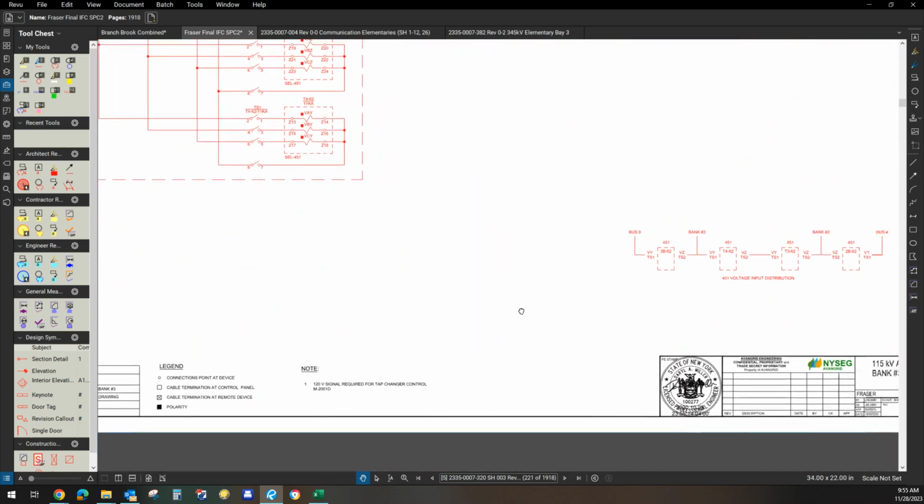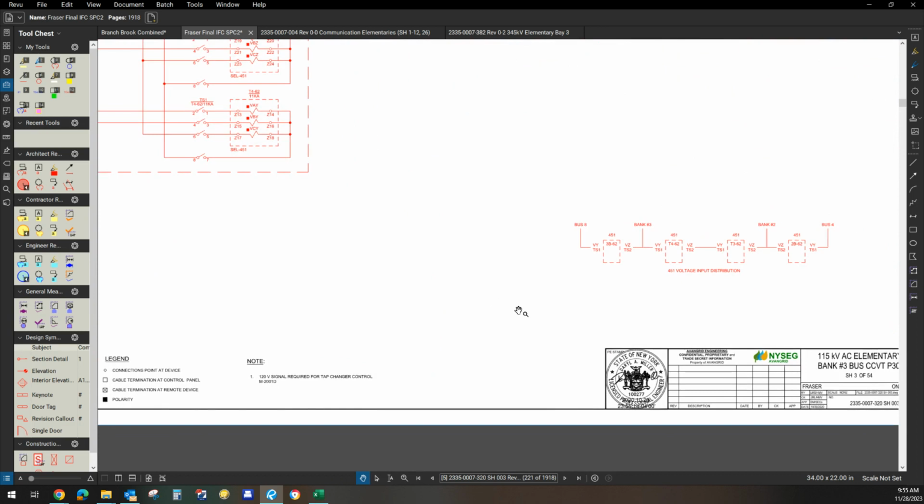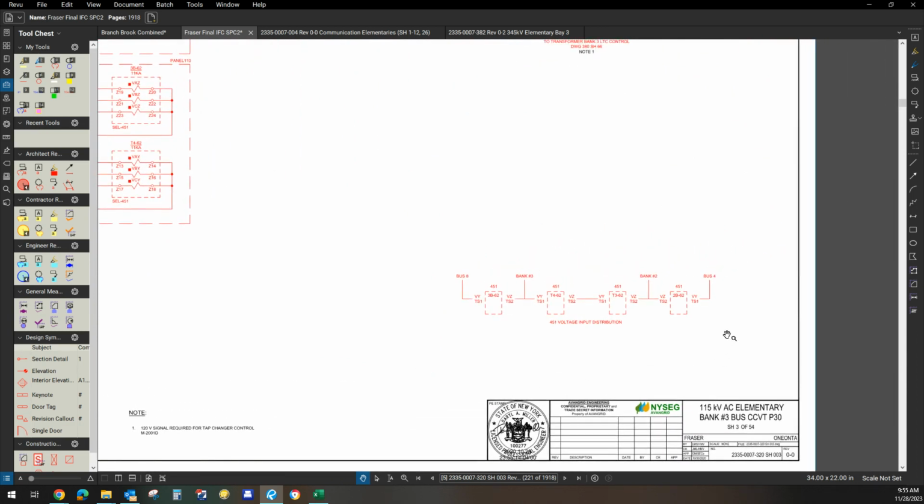And this is just a description of the voltage input distribution from bus 8, bank 3, bank 2, and bus 4, and how they feed into the relays. For example, this 451 relay is getting VY from bus 8 and VZ from bank 3.